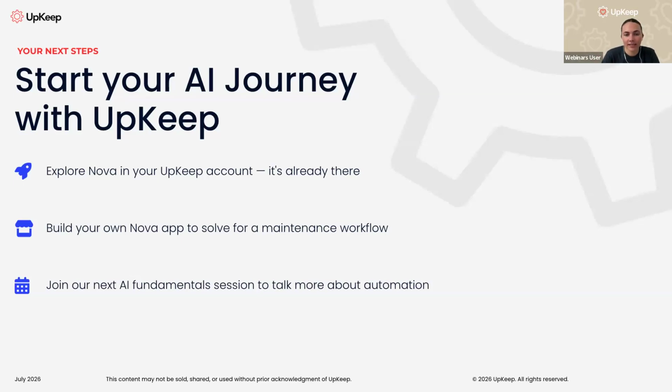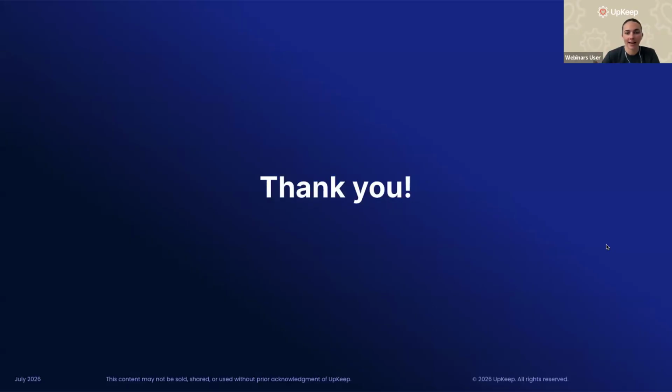Go ahead and try some of the prompts that Spencer reviewed, and get into the Nova apps and try building your own. Our next AI fundamentals session is going to focus more on automating maintenance workflows. So if you want to go deeper into the automations available through Nova, tune into that next session in a couple weeks.